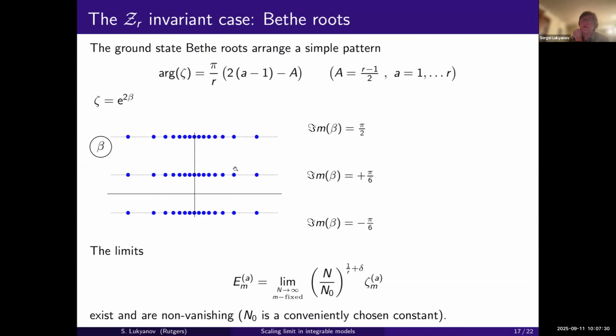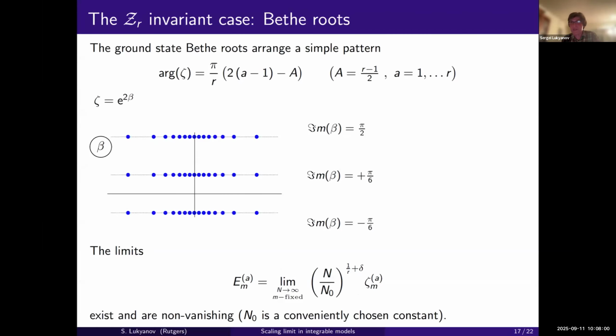What's interesting is that when the number of sites becomes very large, the roots on the edge of the distribution develop a certain scaling behavior, such that the following limit exists. So we can scale the roots in the vicinity of the edge of the distribution with a certain power and get finite numbers.